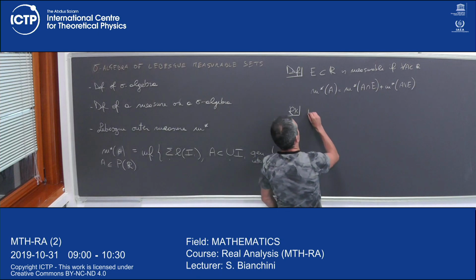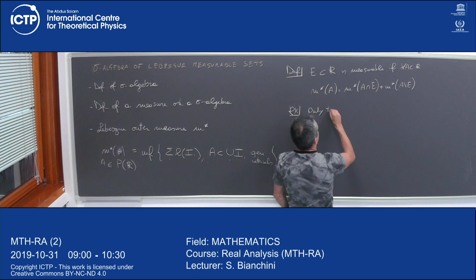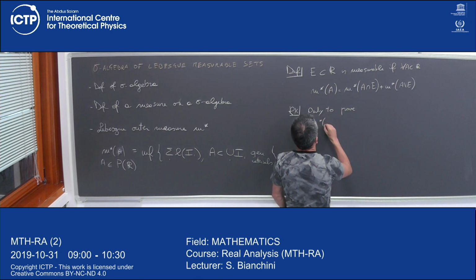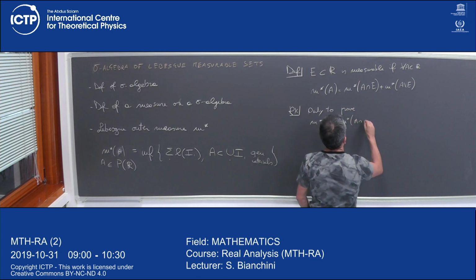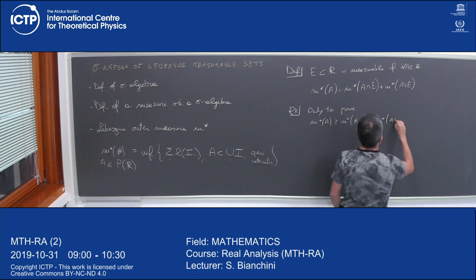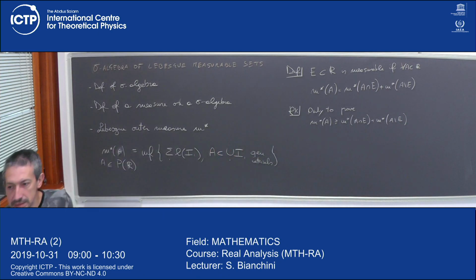The other is only to prove that M star of A is at least M star of A intersection E plus M star of A minus E. The other is automatic.